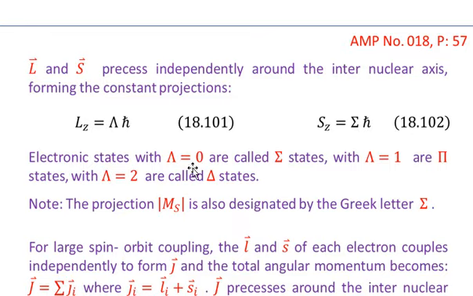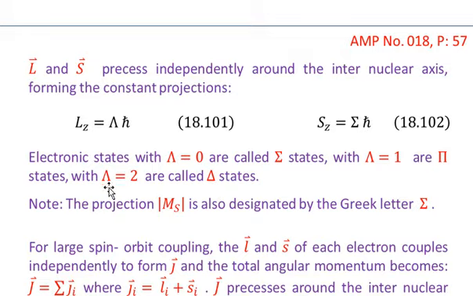Electronic states with capital lambda equal to 0 will be referred to as the sigma states. Don't confuse this sigma with the sigma I have used in equation number 102. So electronic states with capital lambda equal to 0 are called sigma states, with capital lambda equal to 1 the molecular states will be called pi states, and when capital lambda is equal to 2, the molecular states will be referred to as the delta states.